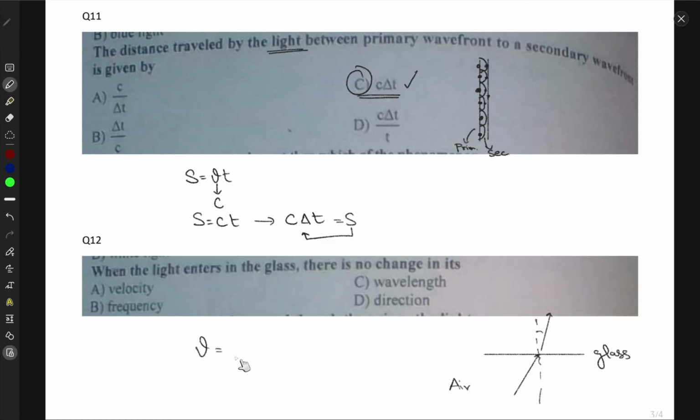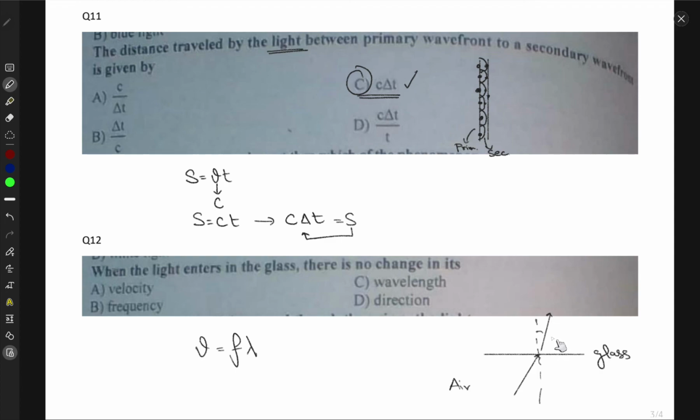Now we know velocity is equal to f lambda, where lambda is the wavelength and f is the frequency. Now because velocity will change, lambda will also be changing. The wavelength of the light also changes when it goes from a rarer to a denser medium or the other way around.